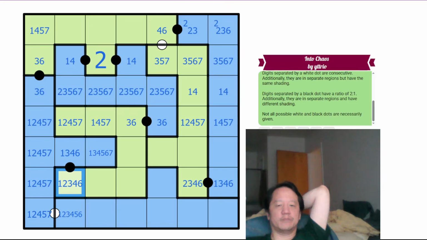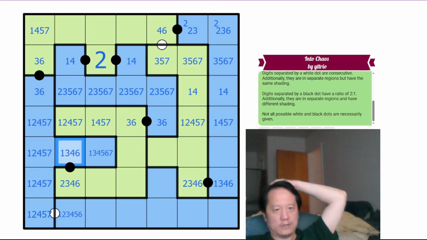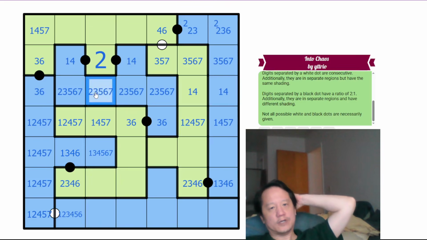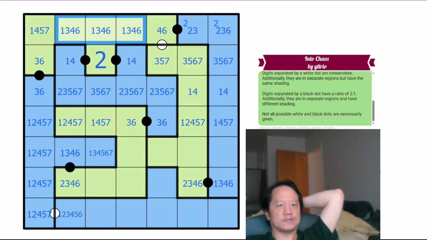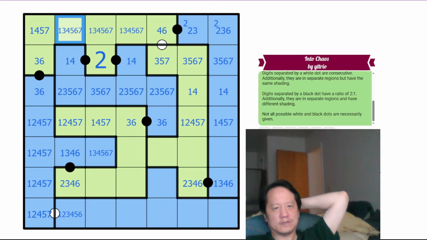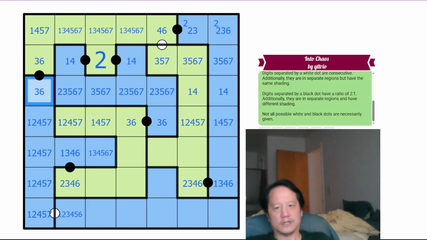So this can't be 1 because that would force that to be 2 there. 2 can't be here because of 2 in the column. We are guaranteed this is 1, 3, 4, 5, 6, 7. So this digit is the same as that one. So let's mark those.